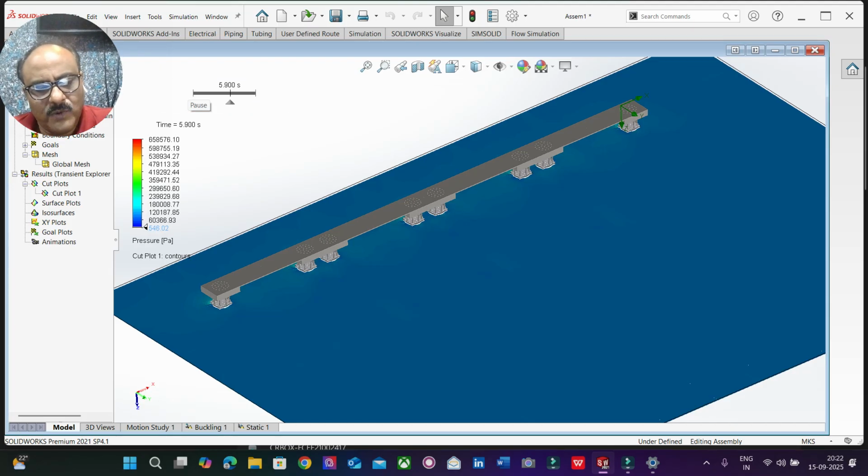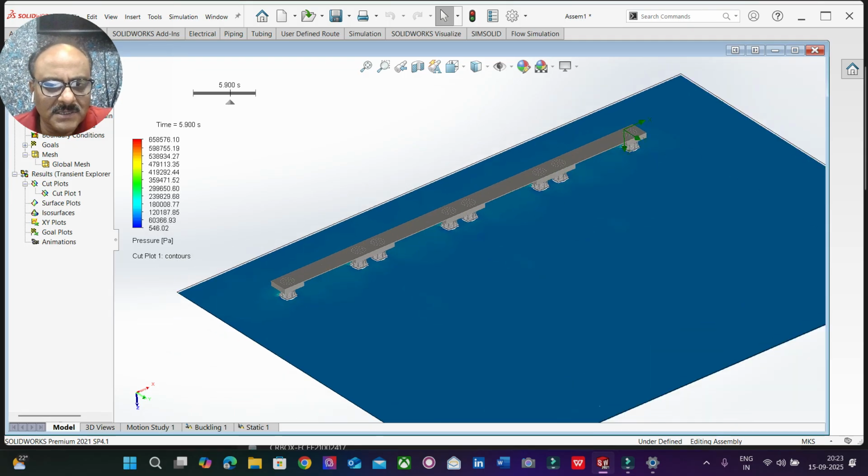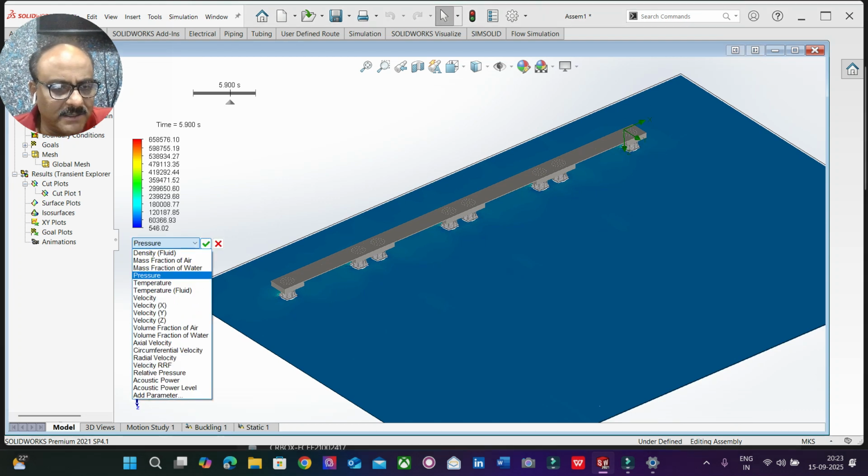The 1 atmosphere is nothing but 101325, so 101325 is going to fall somewhere here. Which means it is exactly 1 atmosphere and slightly lesser than 1 atmosphere, because there will be a lot of changes in pressure. Okay, so that's it.